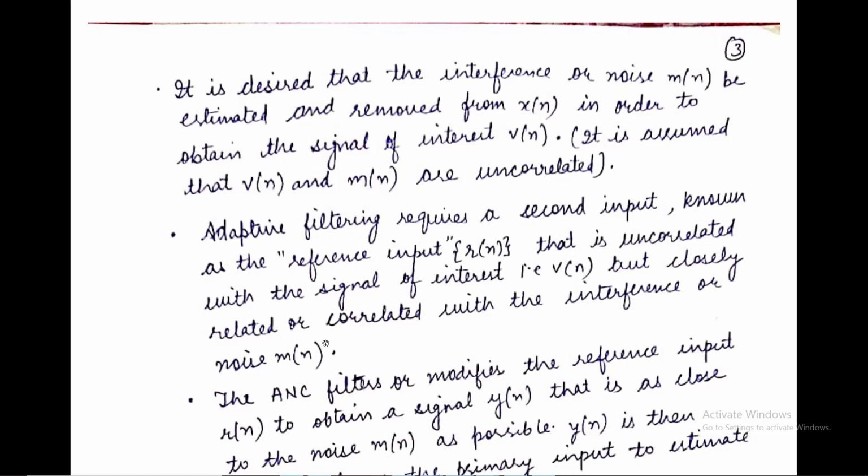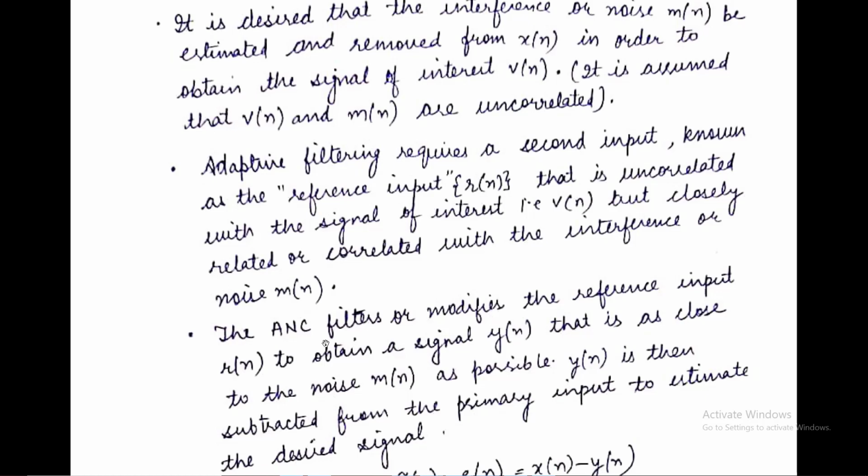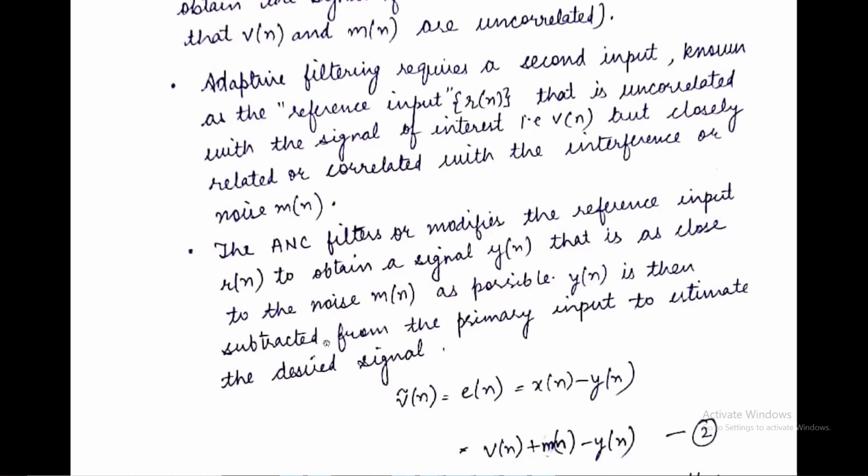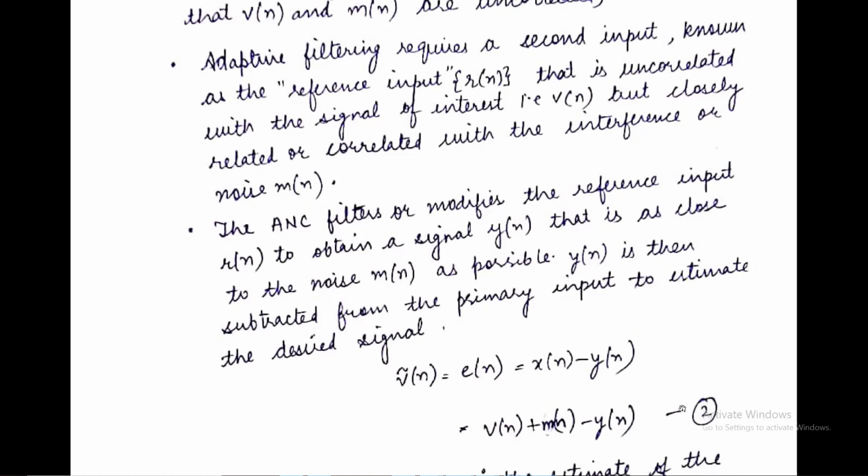So the adaptive noise canceller, or adaptive filter, modifies this reference input to obtain a signal Yn, which is as close to the noise Mn as possible, and then Yn is subtracted from the primary input to estimate the desired signal. These are the equations which you can follow.